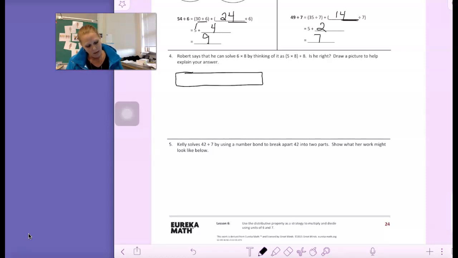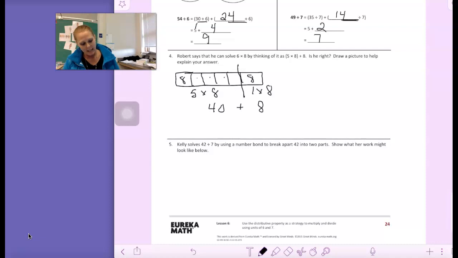So if we have 5 eighths, so 1, 2, 3, 4, 5, plus 8 more, how many eighths do we have? This is 5 times 8. This would be 1 times 8. 40 plus 8. This is 6 eighths. He is correct.